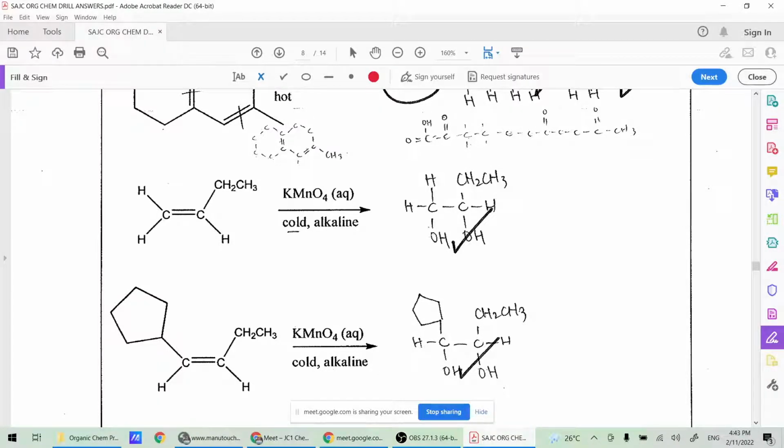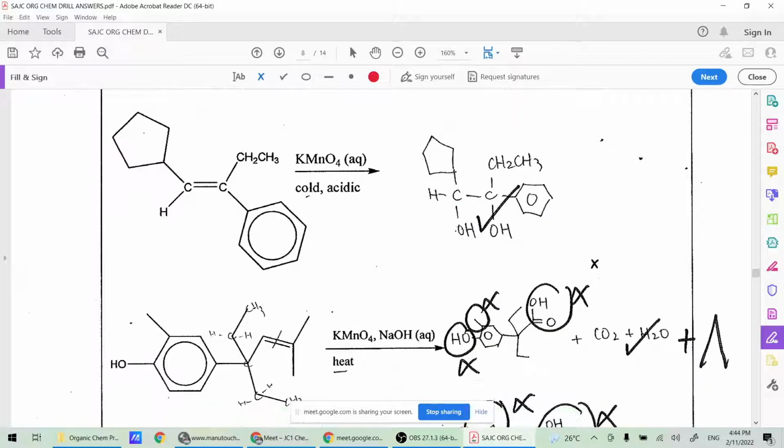Okay, now I share my whole screen again, just to have a better view. Just check your answer for your cold alkaline oxidation.